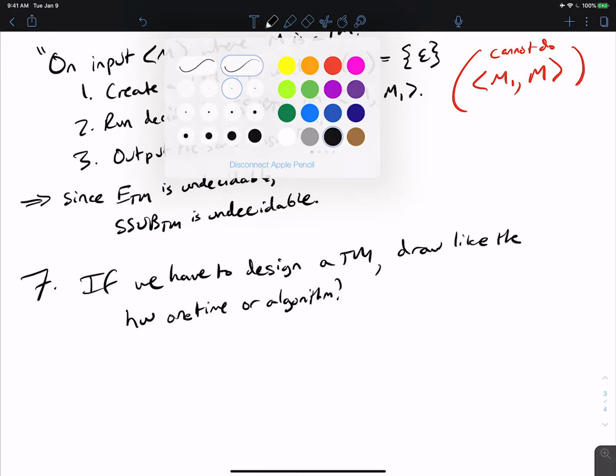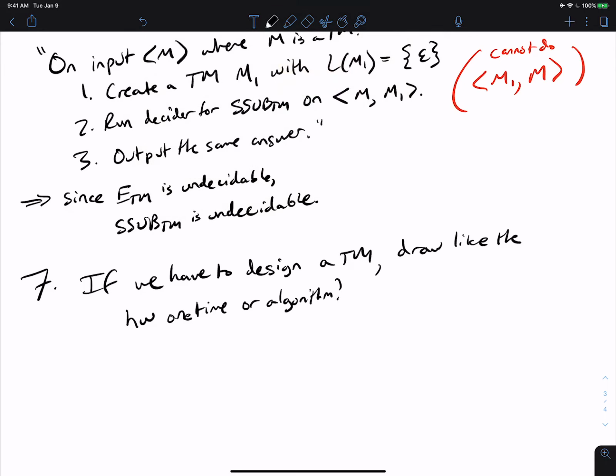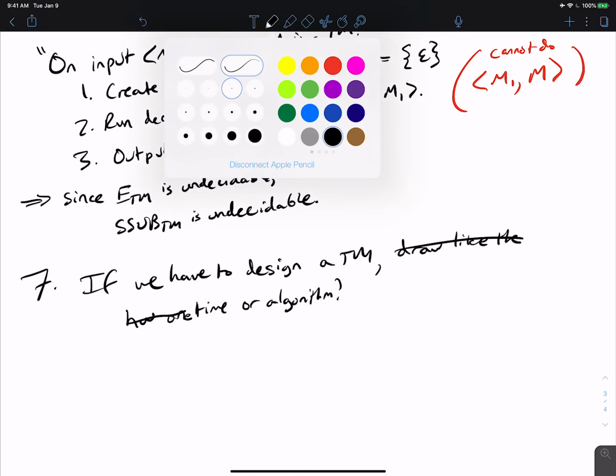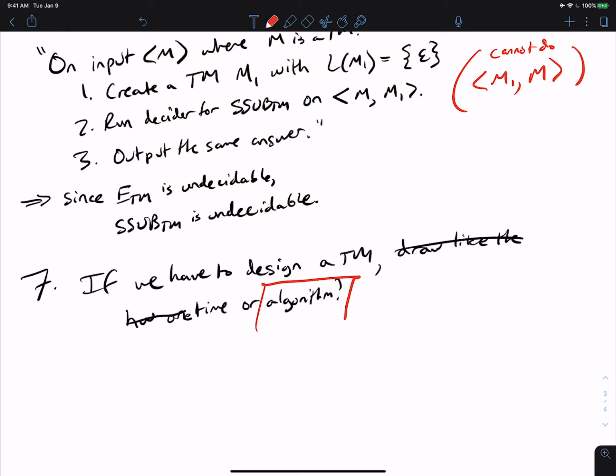The answer is that you will never have to draw a Turing machine. If you have to use a Turing machine or create one, you will always use an algorithm for it, because in all the other things I've already tested you on, can you actually make a Turing machine? The important thing is to understand that if you can make an algorithm for it, you can make a Turing machine for it because of the Church-Turing thesis.